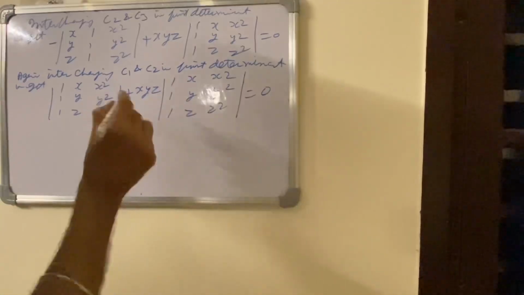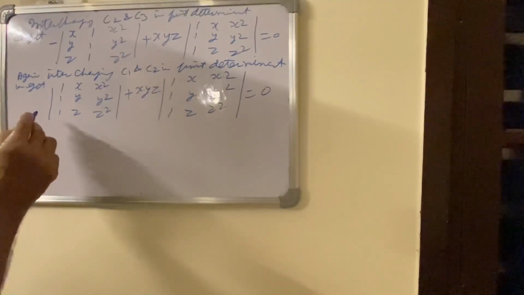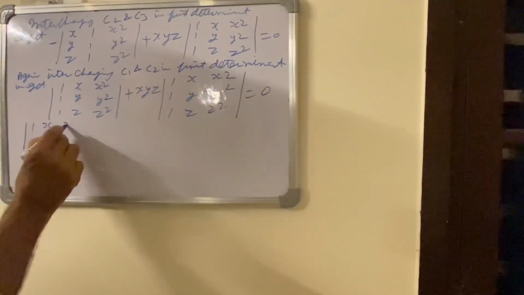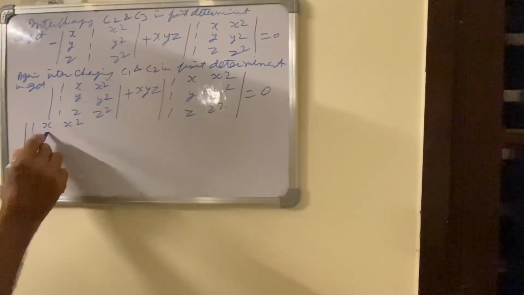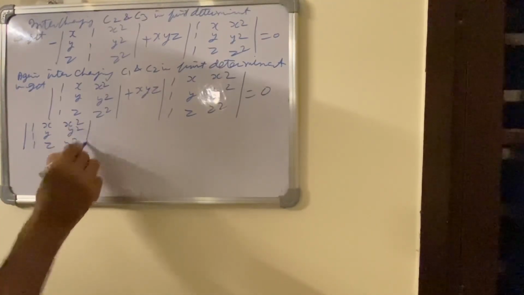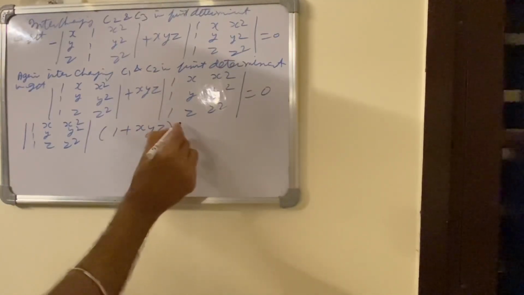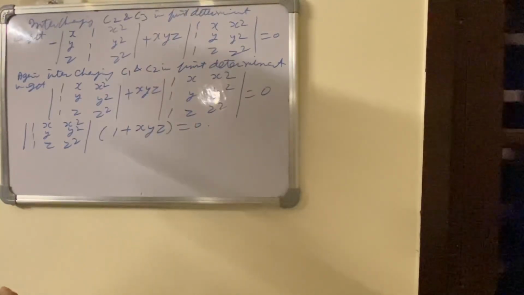Now this determinant is common. So we take the determinant 1, x, x square, 1, y, y square, 1, z, z square into 1 plus x, y, z is equal to 0.